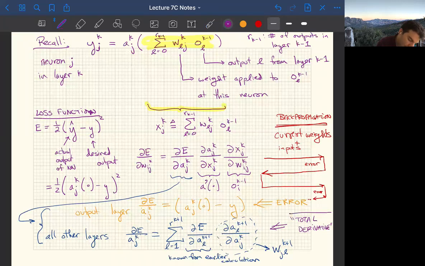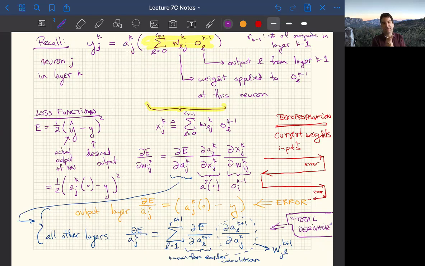If you were to go back and review from calculus what the total derivative is, it's this basic idea that if there are a number of different ways that the thing you're trying to take the derivative of could vary, then you can take individual partial derivatives along each one of those directions, and then sum all of those things together.